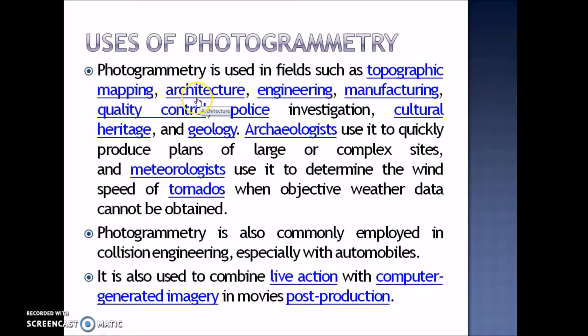Architecture, engineering, manufacturing, quality control, and police investigations. By using drones, nowadays the police are even working on this. In the lockdown, they used drone cameras and searched for any culprits.